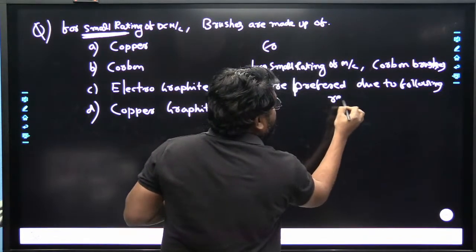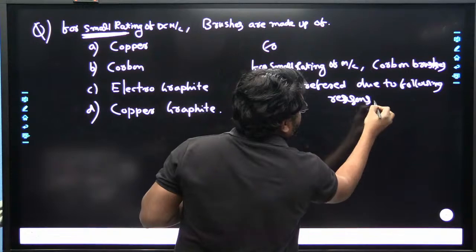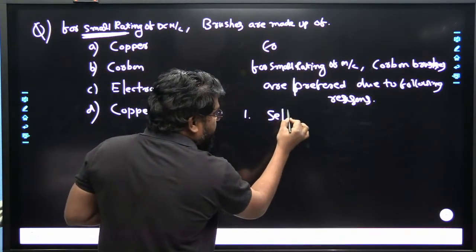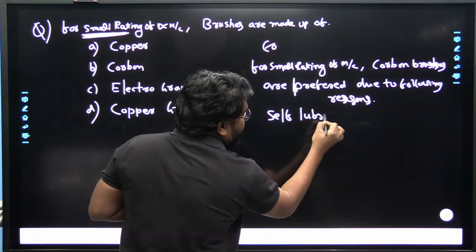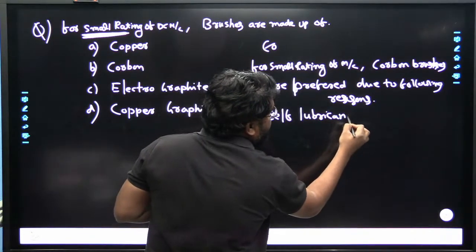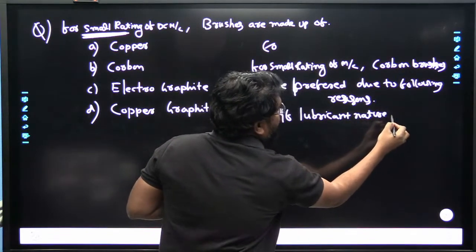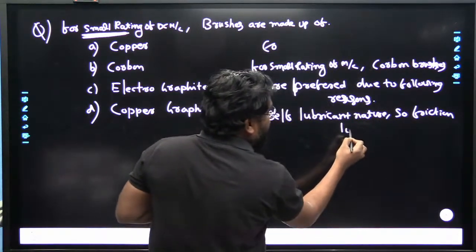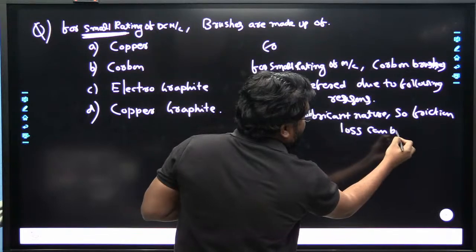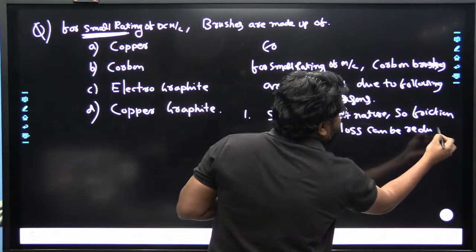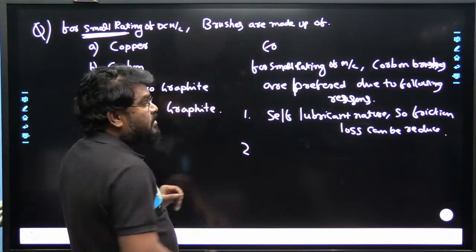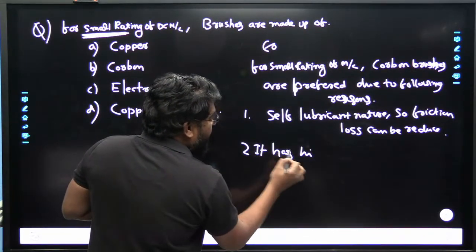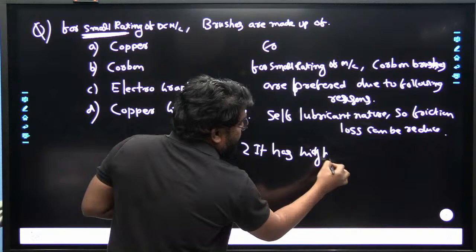First reason: carbon is of self lubricant nature, so that frictional losses can be reduced. And the second one: carbon has high resistance.